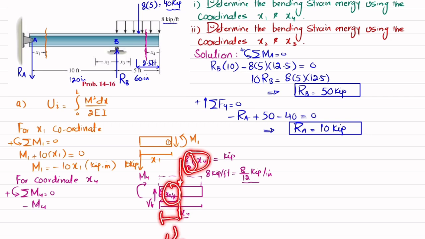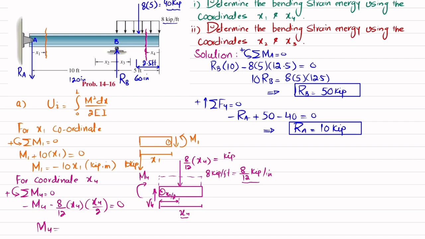This is producing a clockwise moment, so it will be negative: minus 8 by 12 x4 times x4 over 2. Their sum must be equal to 0. So M4 will be equal to minus 1 over 3 x4 squared. So this is the value of the bending moment for coordinate x4.